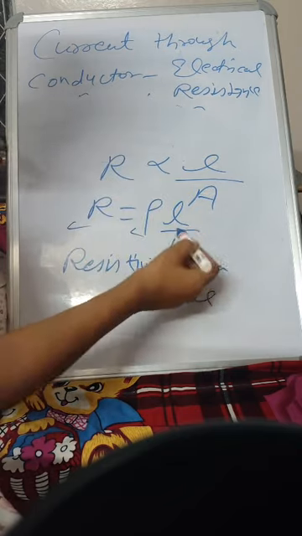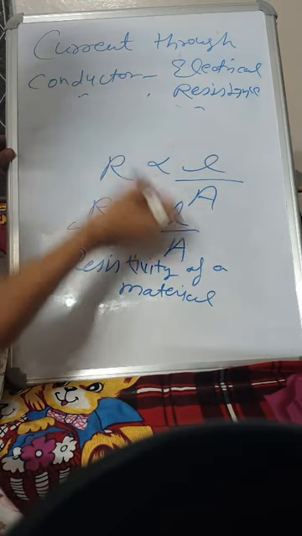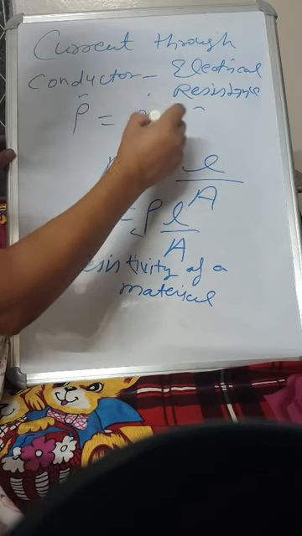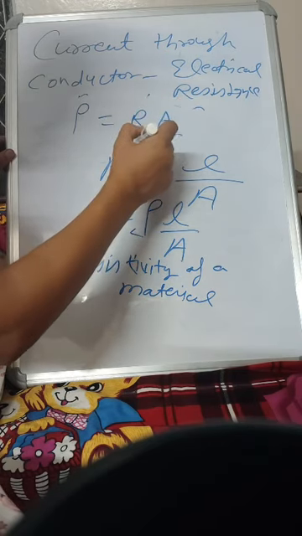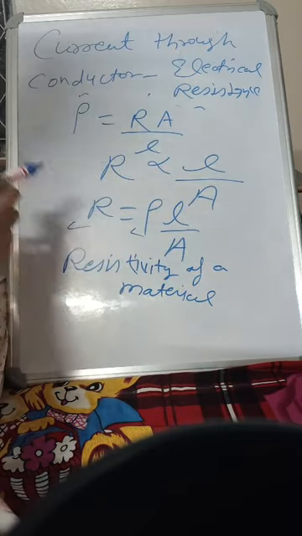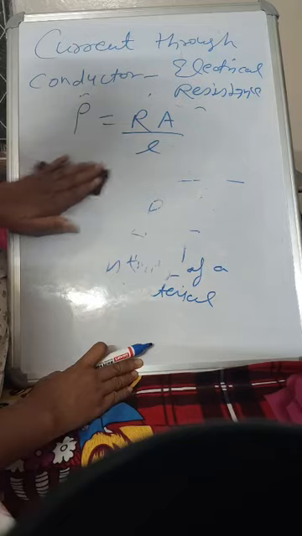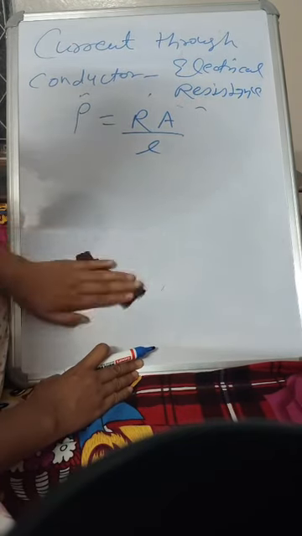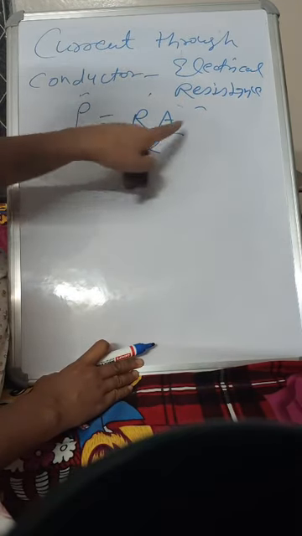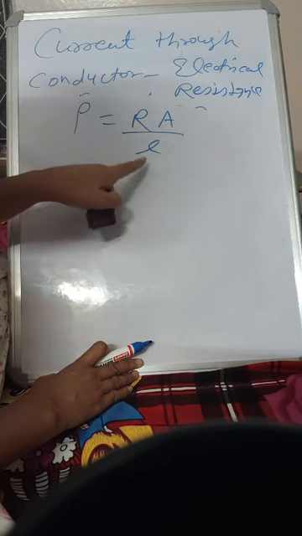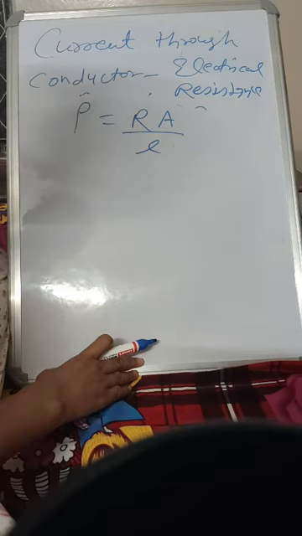From this relation we can find resistivity: resistance into area divided by length. So the resistivity of a material will increase with increase in resistance, with increase in cross sectional area of the conductor, and it will decrease with increase in the length of the conductor.